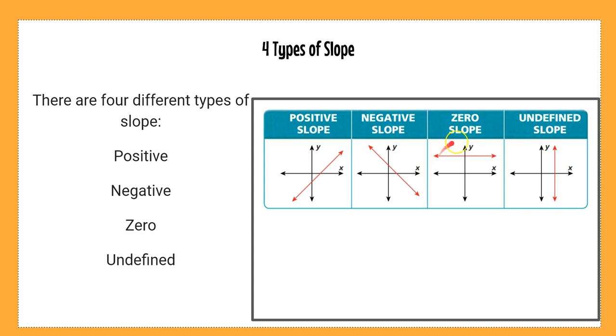With 0 slope, I think about if I was skiing down this, it would be 0 fun because it's flat, right? So a flat line is 0 fun to ski down, so it's the 0 slope. And then I talk about this. This is called an undefined slope.